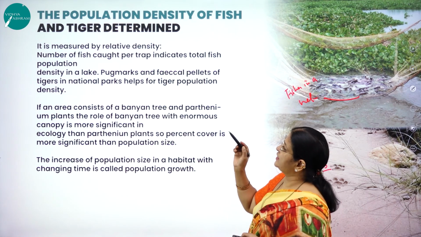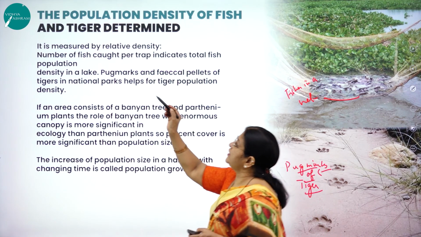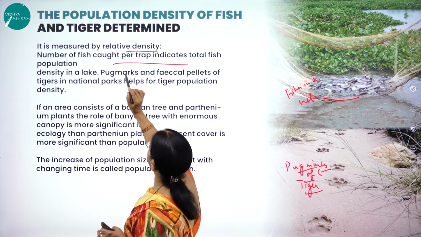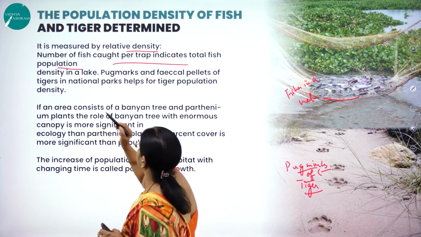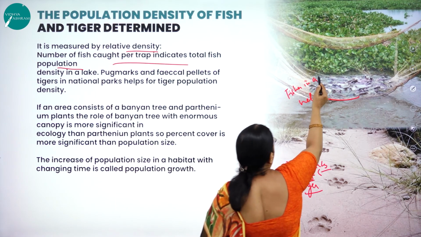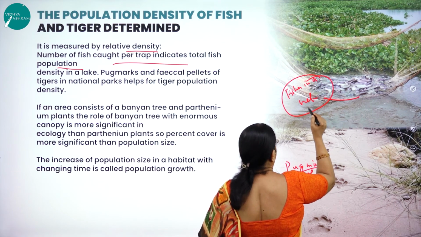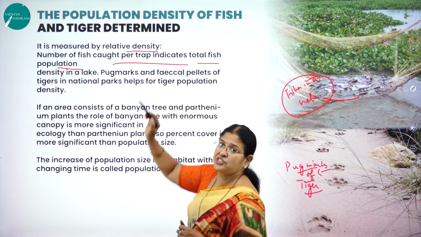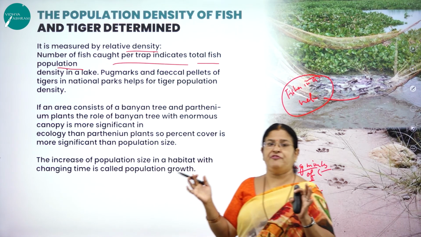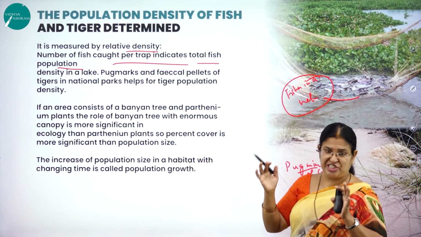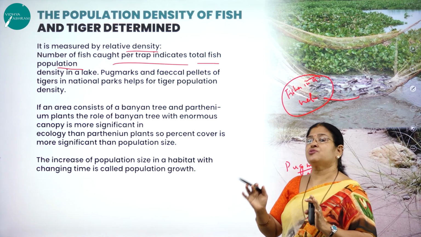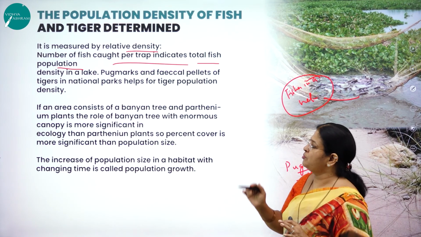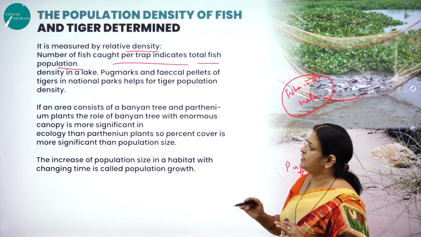As I said, it is measured by relative density. The number of fish caught per trap indicates the total fish population. So the number of fishes caught in a fishing net is called the total fish population density in a lake.